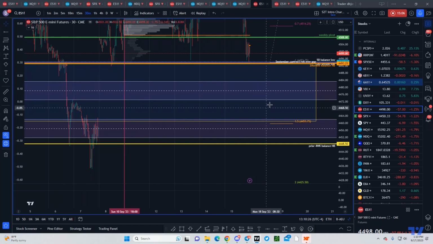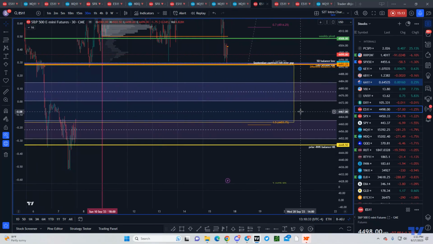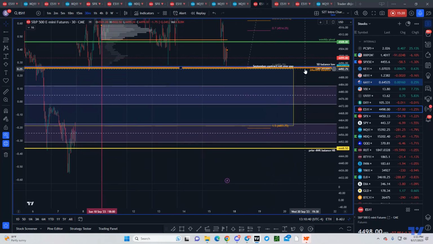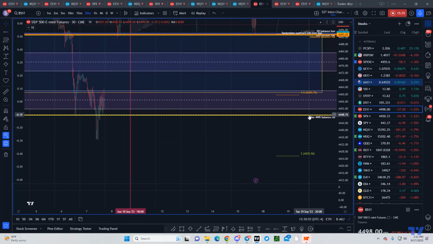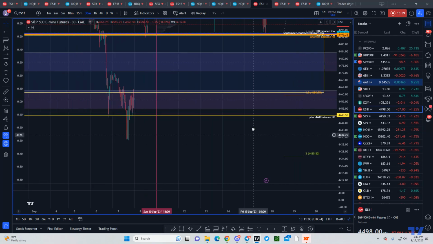The next one is the 57 that I have marked here. It will include a fill of the contract rollover right here and a 100% extension of the move downside from the balance. So again, 34 and something points, 33 points, I want to say. There you go, 34 points. That will fill that gap perfectly. Targeting this prior 4 week balance low would be great.